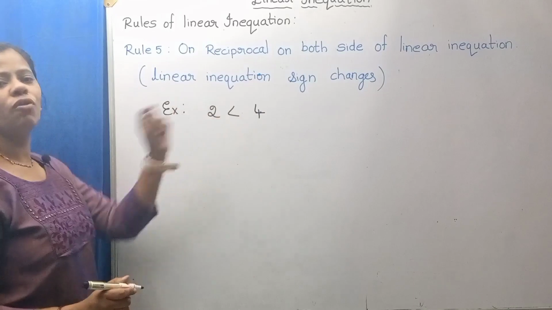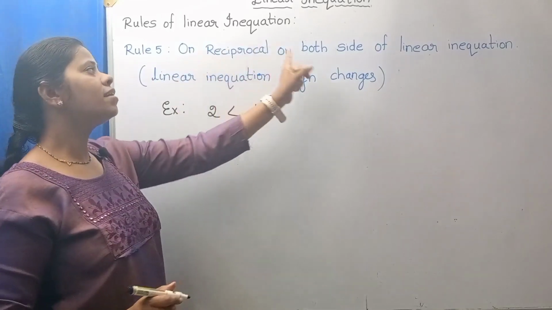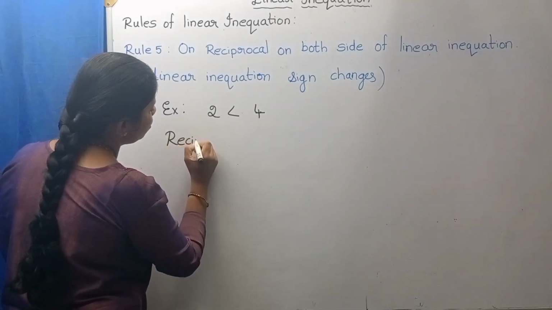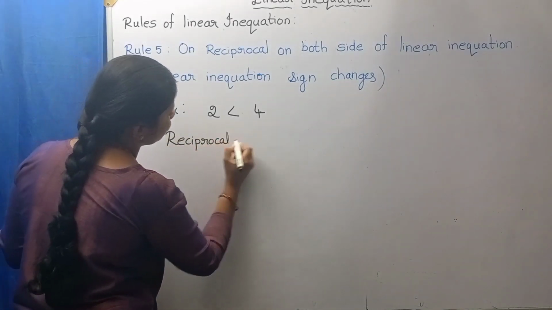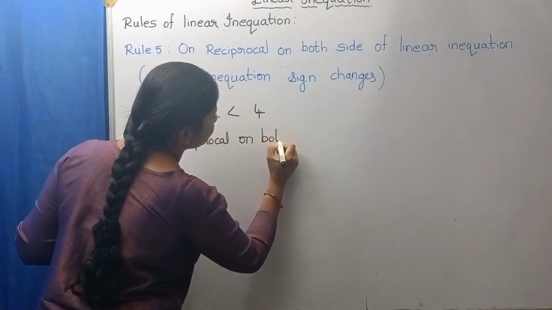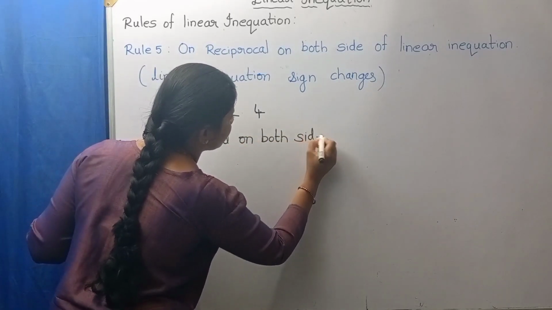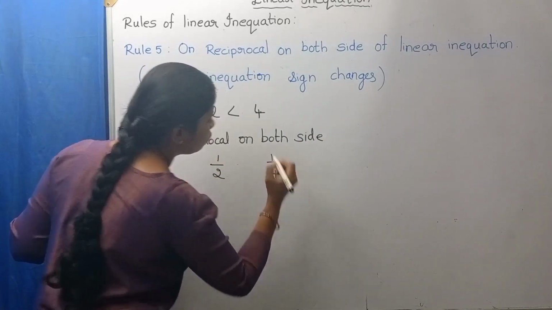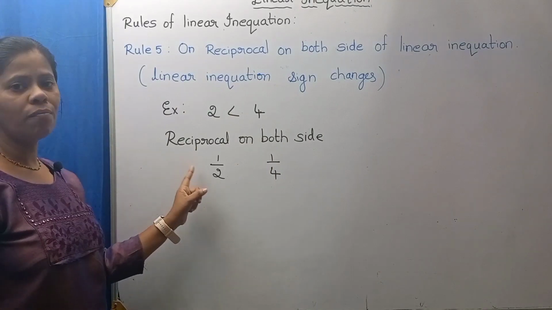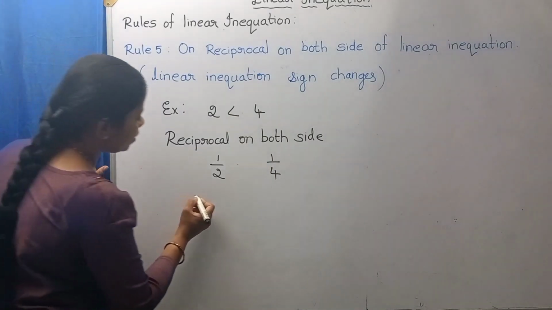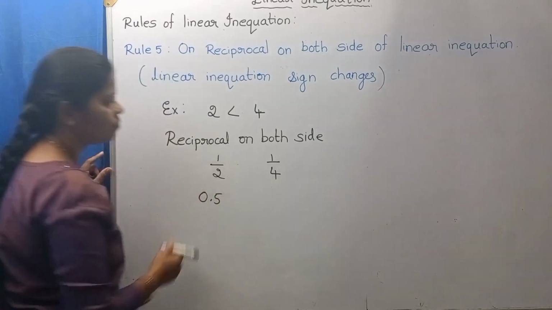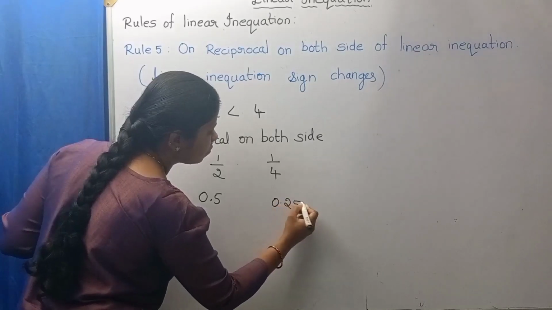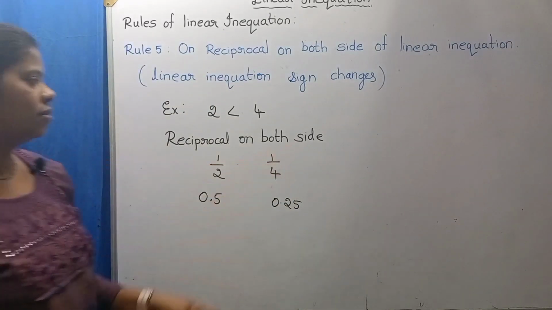If we take the reciprocal on both sides of the inequation, then it will become 1 by 2 and 1 by 4. What is the value of 1 by 2 in the decimal form? That is 0.5, right? Then 1 by 4 is 0.25, isn't it?